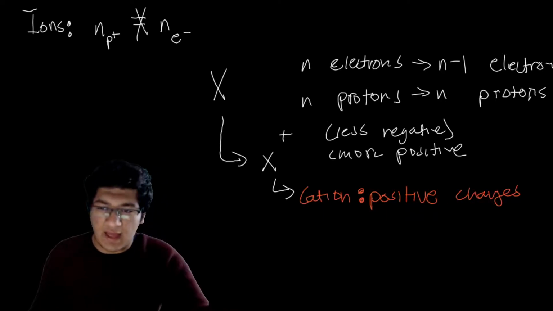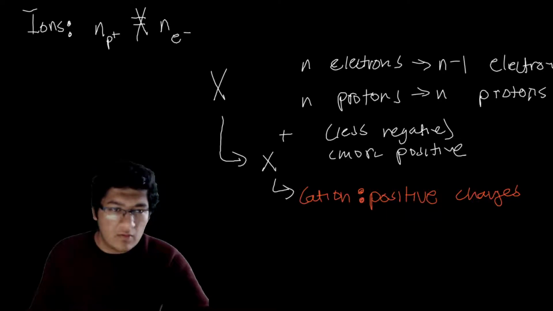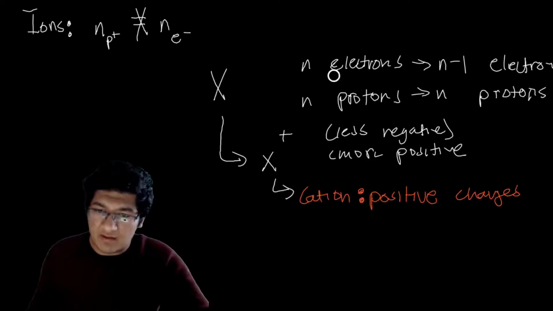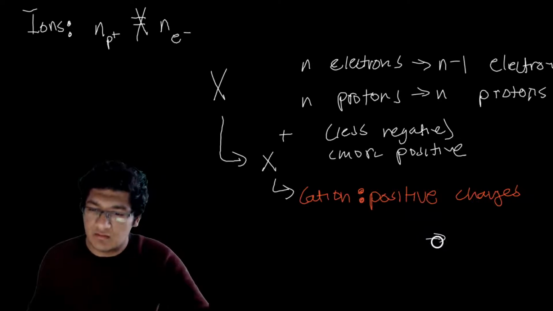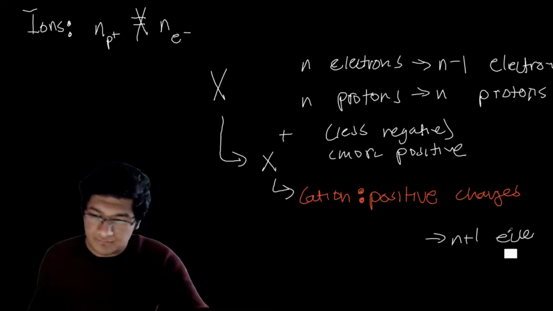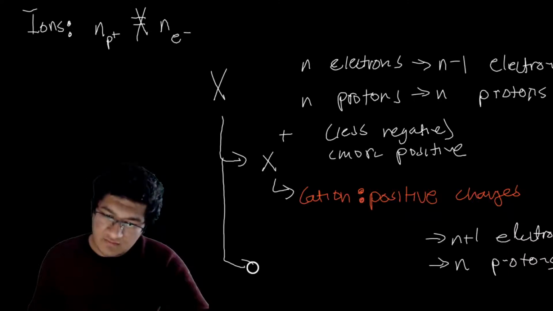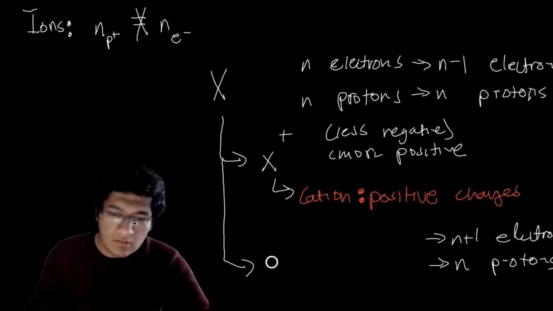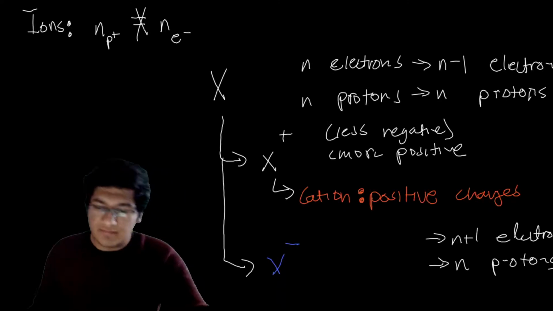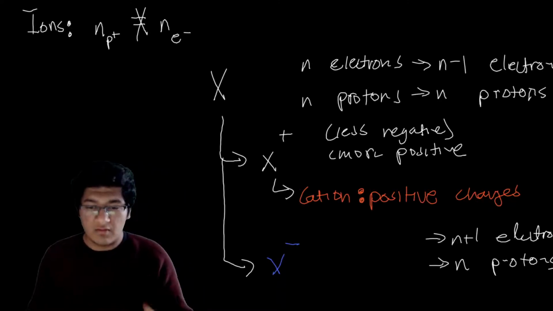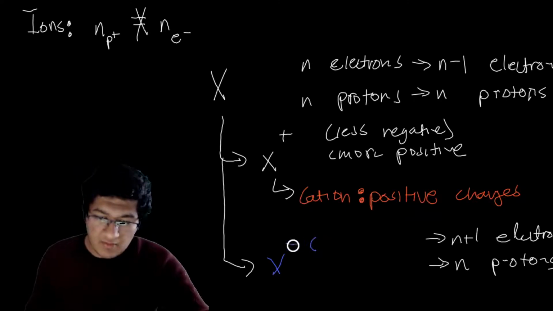However, let's say that we have n electrons and n protons to begin with, but then we have n plus 1 electrons. And we still have n protons. This means that X becomes X minus, because it became more negative, there's a negative sign over here.